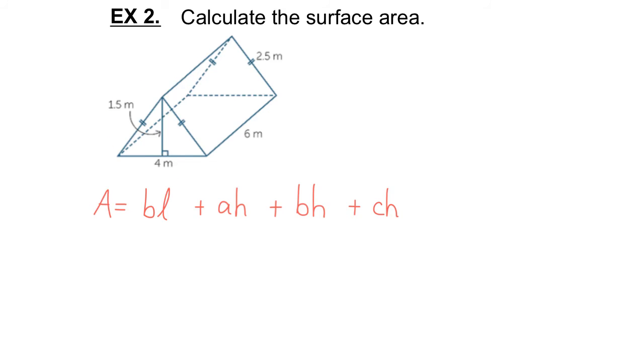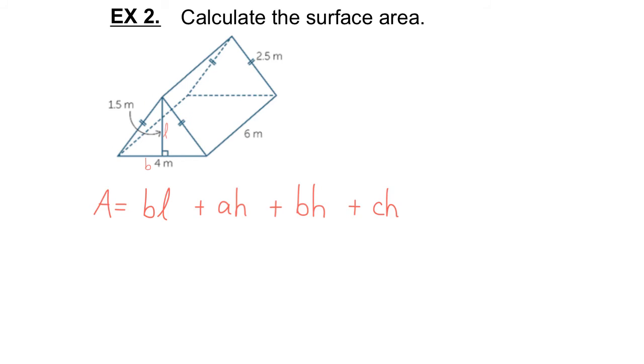So B and L, they are perpendicular to each other. They're the base and the length of the base shape of the prism, which is the triangle. So B and L are the perpendicular ones, 4 and 1.5. A and C are the lengths of the other sides of the triangle. So this side and this side.